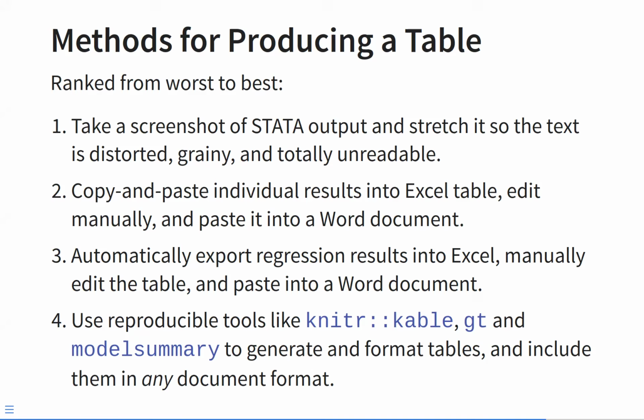And Model Summary is some kind of a compromise that can be combined very nicely with GT that tries to give us really nicely formatted tables with a minimum of effort, and most importantly, it allows us to automatically include them in any document format. So these are particularly useful when combined with Quarto and R Markdown, which I described in the first segment of this lecture.